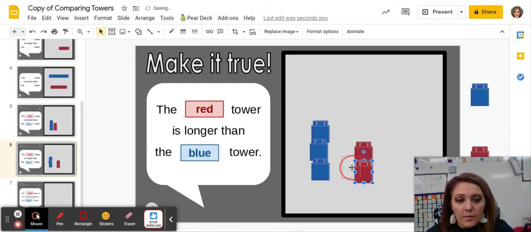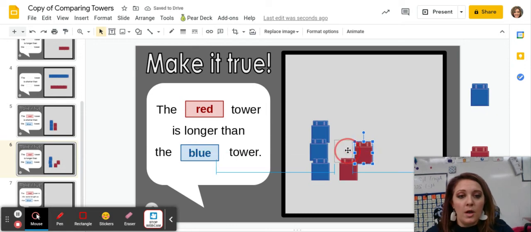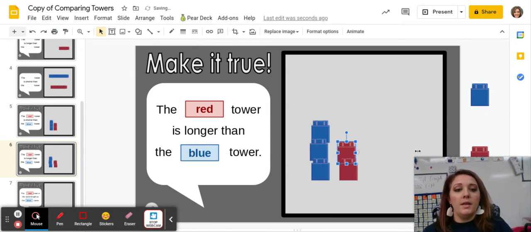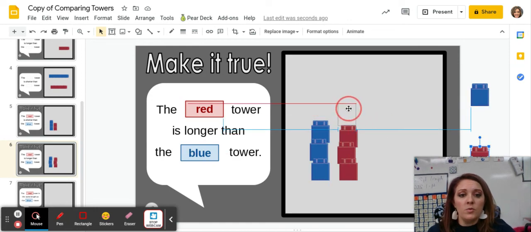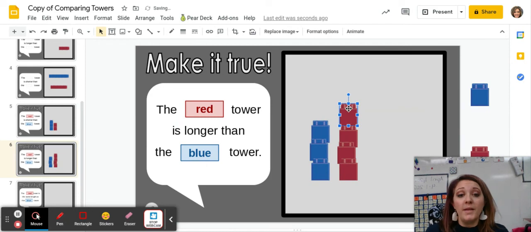And I'm going to put it right beside my blue tower. That way I can make sure when I measure, I get the right measurement. If I don't start bottom, bottom, top, top, then it makes it a little bit harder to tell which one is taller or shorter. All right, so my red tower is longer or taller than my blue tower.